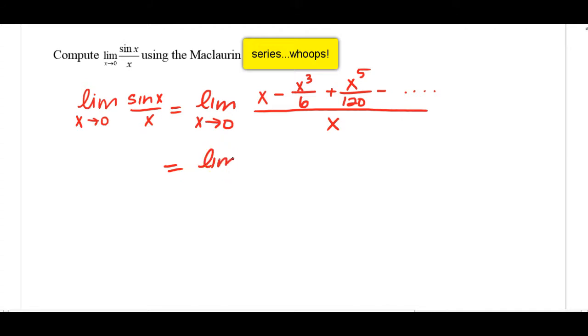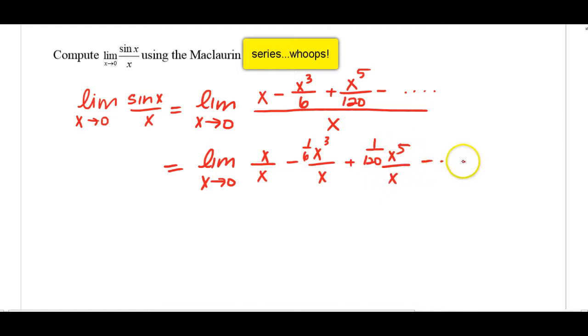This is the limit as x approaches 0. Well, there's only one thing on the bottom, so each thing on the top goes over that one thing on the bottom. So this is like x over x minus 1/6 x cubed over x plus 1 over 120 x to the 5th over x, and so on.